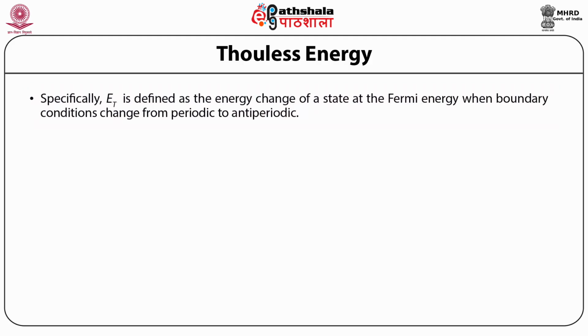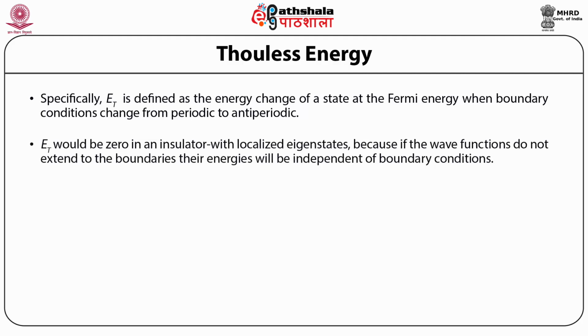Specifically, E_T is defined as the energy change of a state at the Fermi energy when boundary conditions change from periodic to antiperiodic. So E_T would be 0 in an insulator with localized eigenstates, because if the wave functions do not extend to the boundaries, their energies will be independent of boundary conditions.